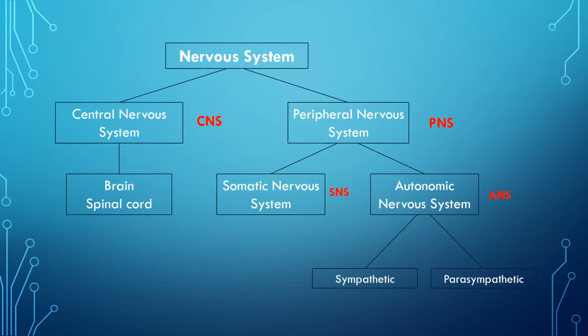This diagram very, very simply shows the way the nervous system is broken up. So, first division, central nervous system, which we're going to call CNS, and peripheral nervous system, which we're going to call PNS. We're going to have a closer look at the central nervous system first, but we'll keep coming back to this diagram.